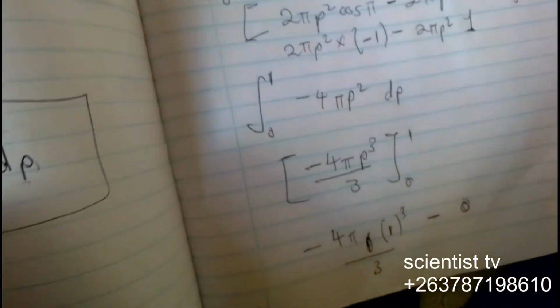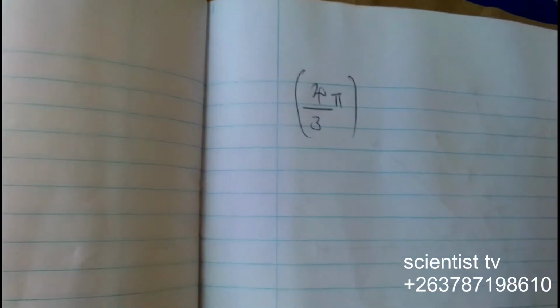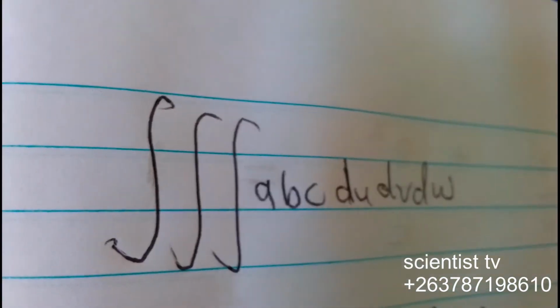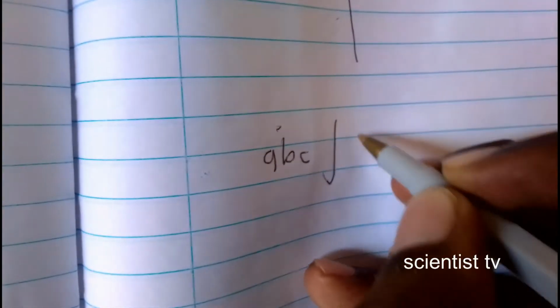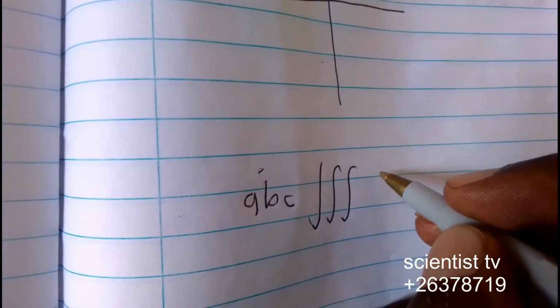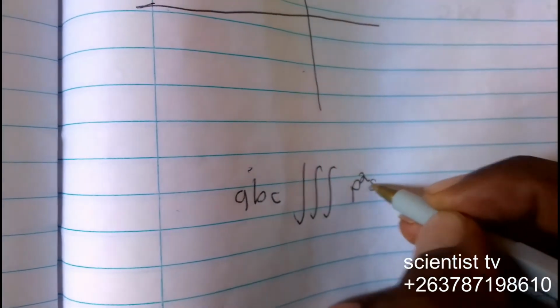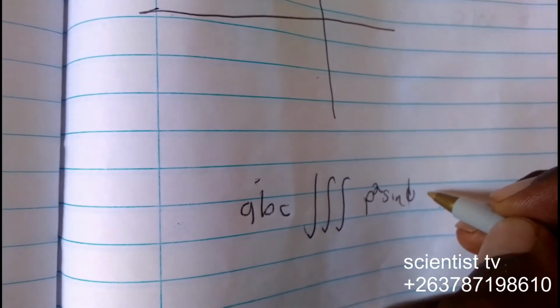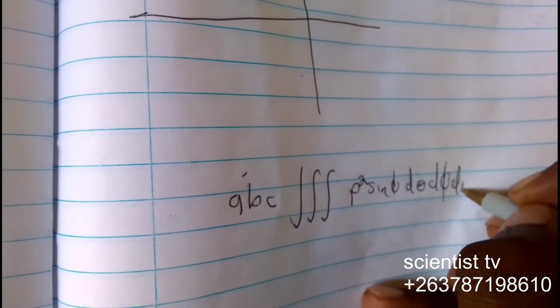Okay, this is not the answer. Why is it not the answer? Because remember, from our first integral, a b c were constants. So what we simply did was factor out a b c. Then we did the integration of rho squared sine phi d theta d phi d rho.